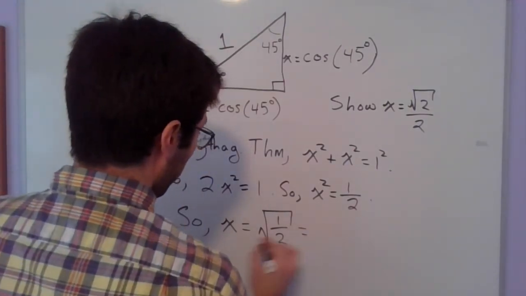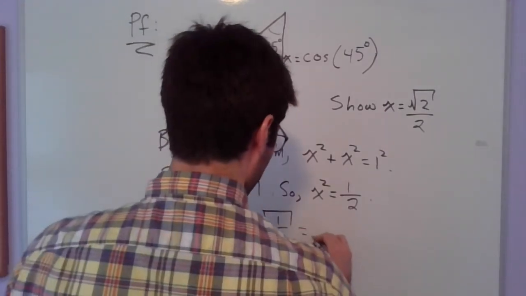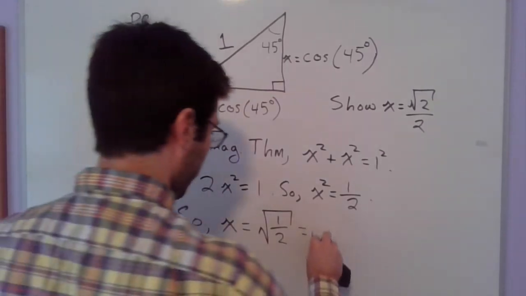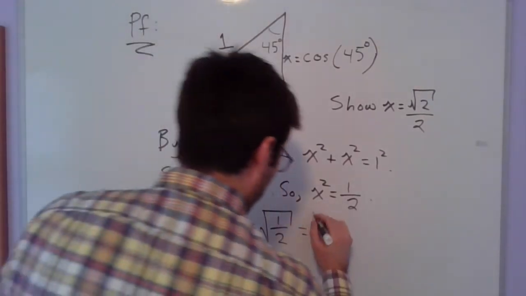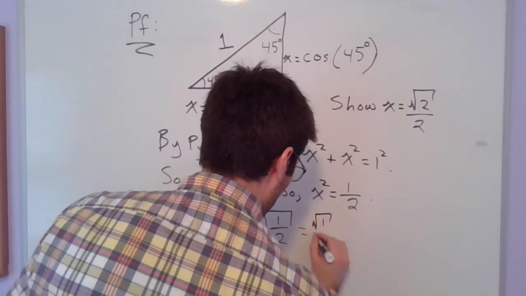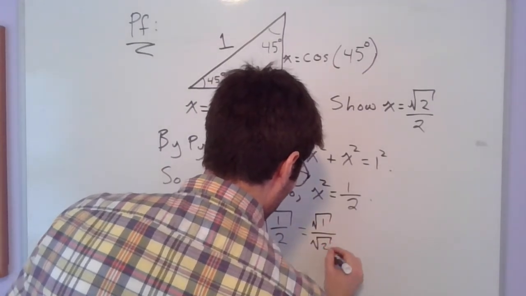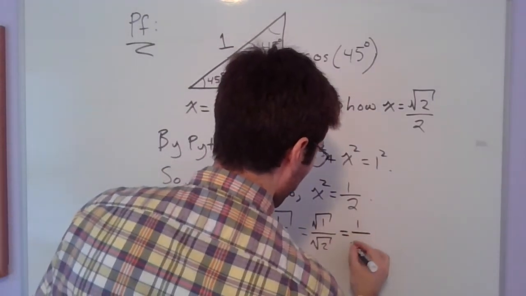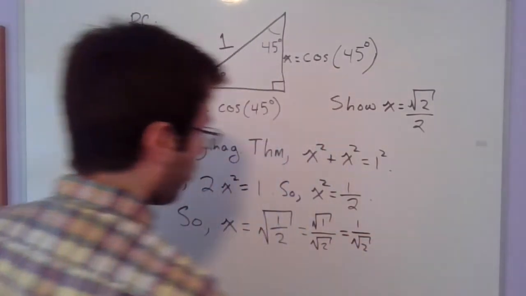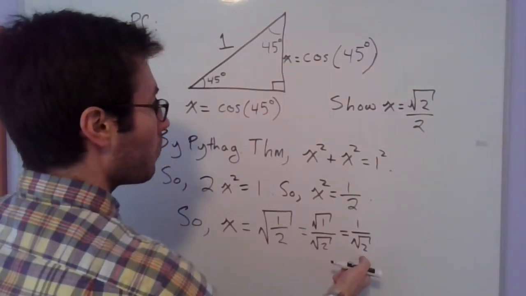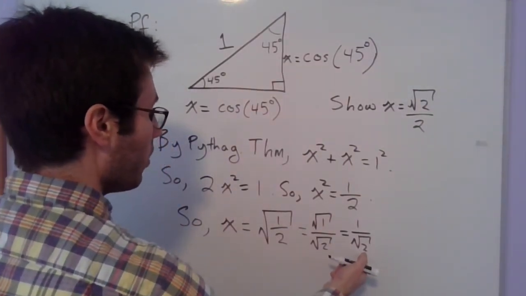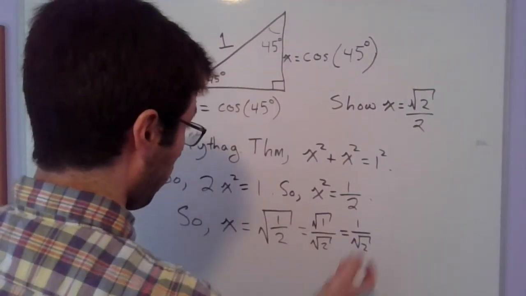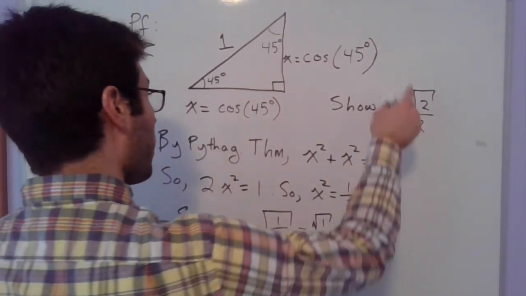In other words, I can break up this square root, so it's square root of 1 over square root of 2, which is equal to 1 over the square root of 2. Oh, geez, I got a square root in the denominator. I don't like that. We don't like square roots being in the denominator in math for some weird reason, but we just don't like them down there. So I want it up top.